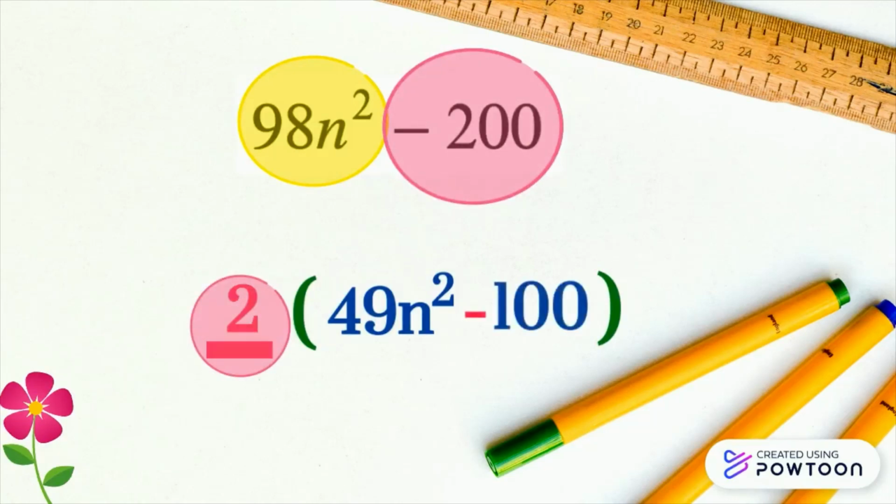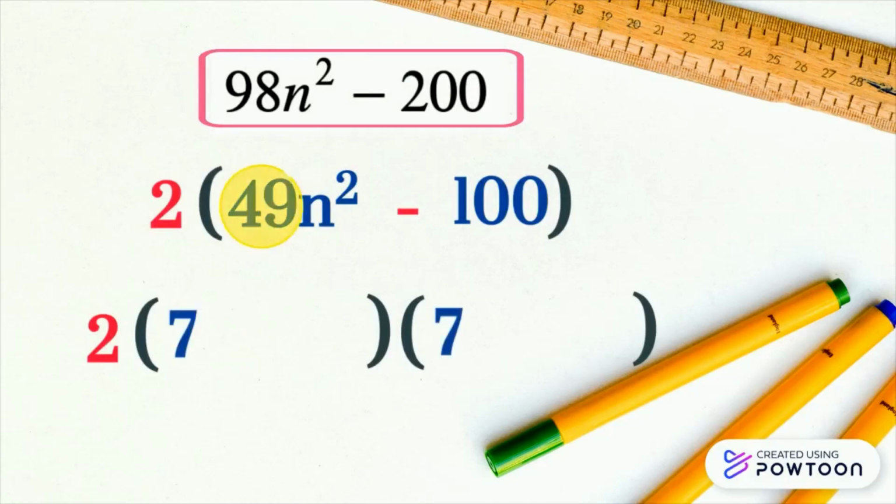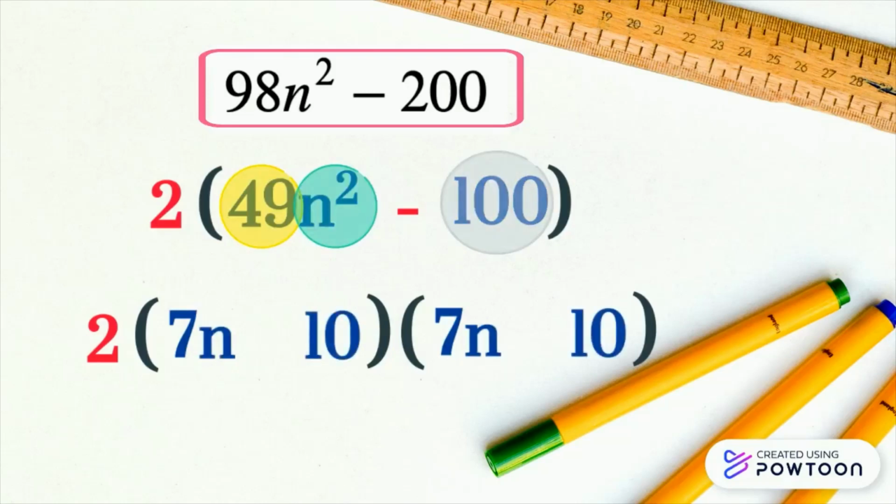Notice that the binomials are a perfect example of difference of two squares. We can continue factoring it out. Write 2 the GCF, the parenthesis symbol, and find the square root of each term. Square root of 49 is 7, square root of n squared is n, square root of 100 is 10. They are the complete factors.